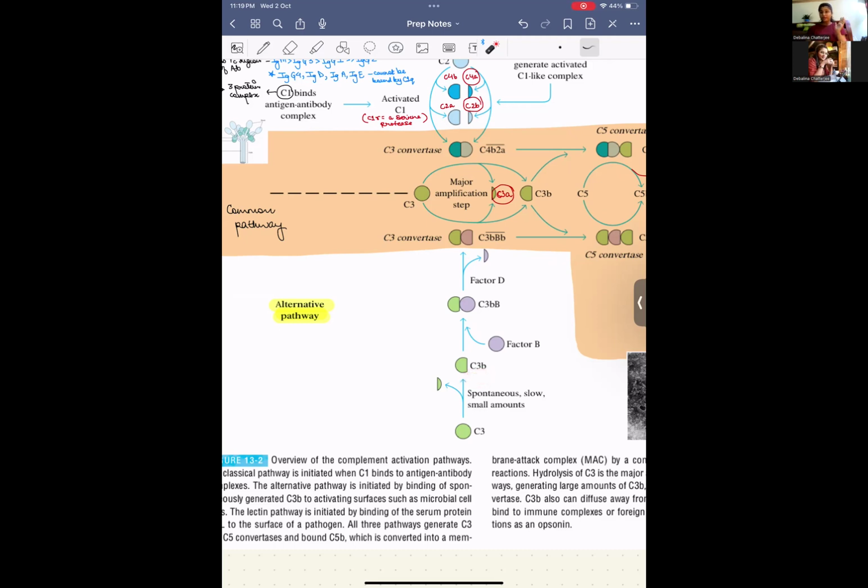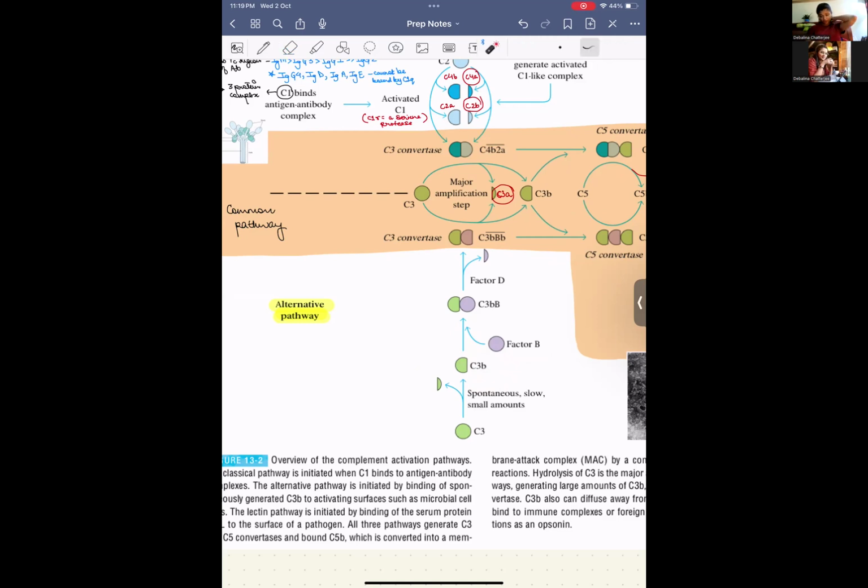But if the army finds an invader, this associates on a foreign substance. This association on a foreign substance allows factor B to join the C3b with the foreign substance.